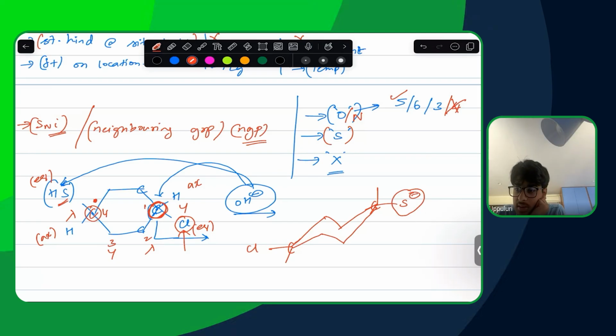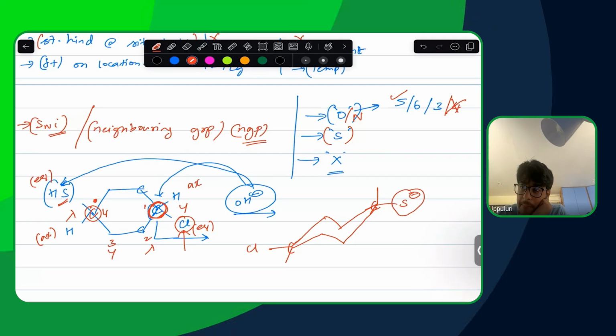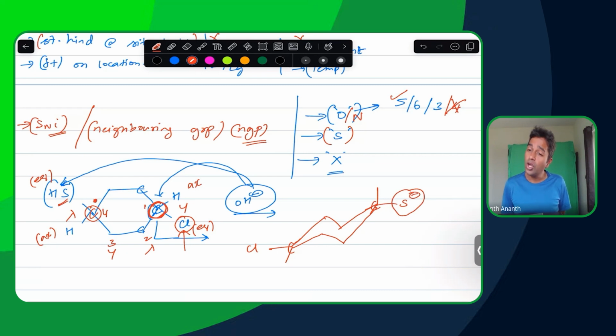So if you're starting up something small, you will go to your parents. If you're starting up something medium size, you will go to your parents and your relatives.